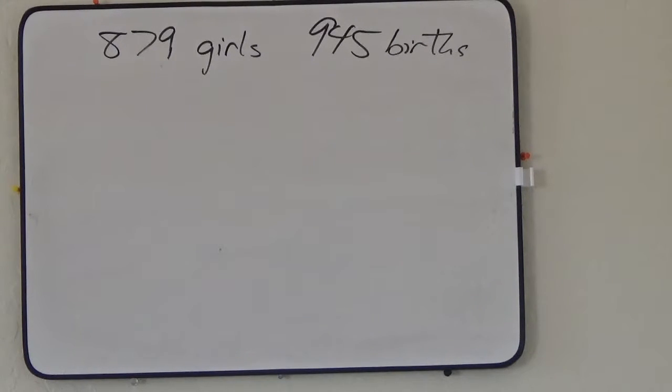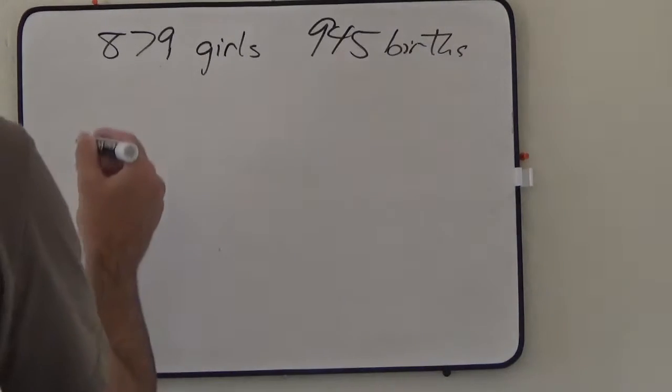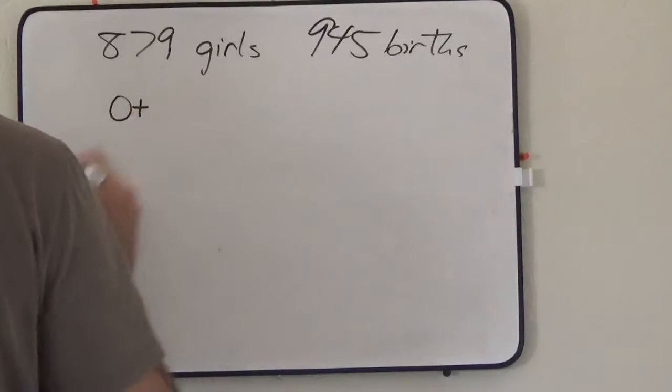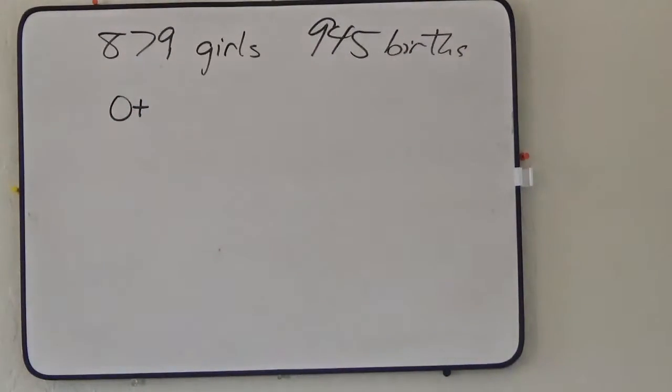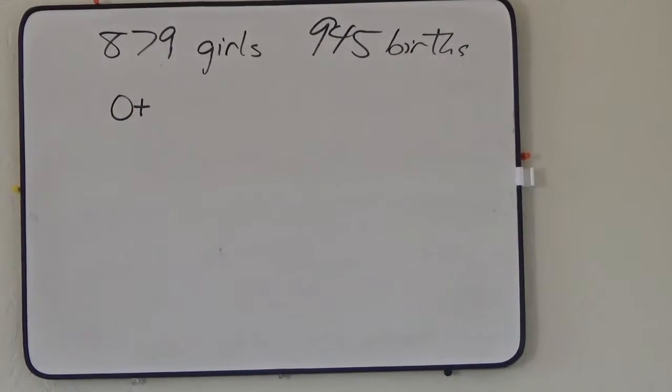We're going to figure out how to solve this in the future. But we're going to give you the probability as being 0 plus. The probability of this occurring is 0 plus, meaning it's basically a 0 chance of it happening, but there is a small possibility, so we can't just say it's 0, but it's 0 plus.